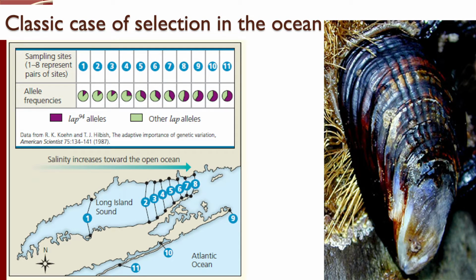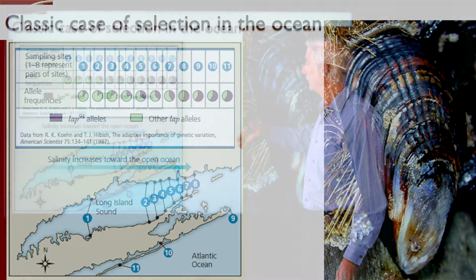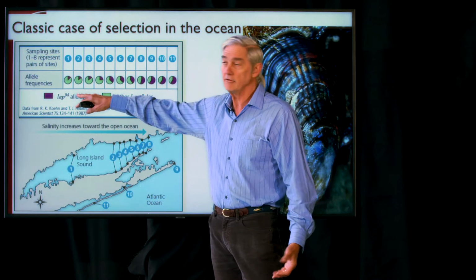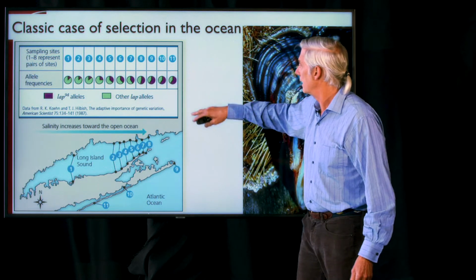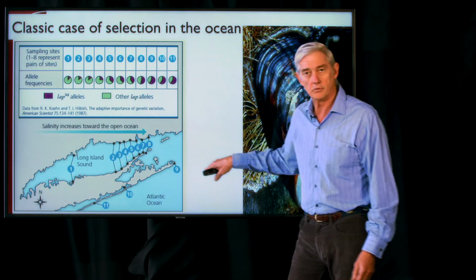This is a mussel in the genus Mytilus. This is Mytilus trossulus, and the population studied here is in Long Island Sound along the East Coast. What is shown in this graph are the allele frequencies of a particular gene, not lactate dehydrogenase like the previous example. This is leucine aminopeptidase. And the 94 allele, shown in red here, is pretty common out in open ocean settings.